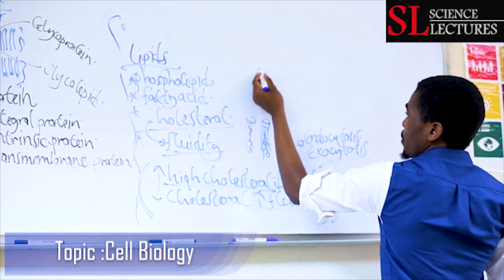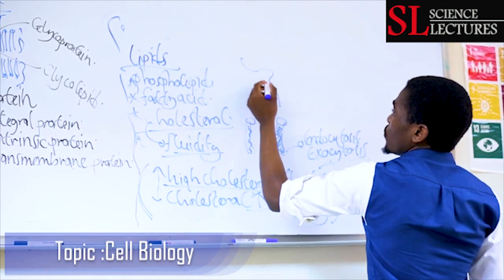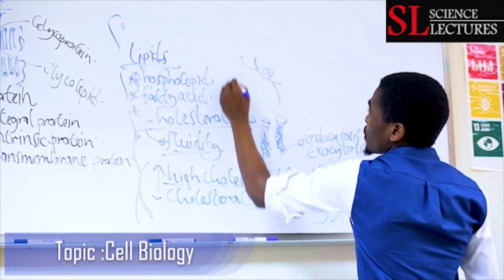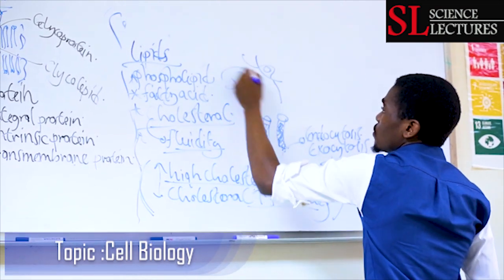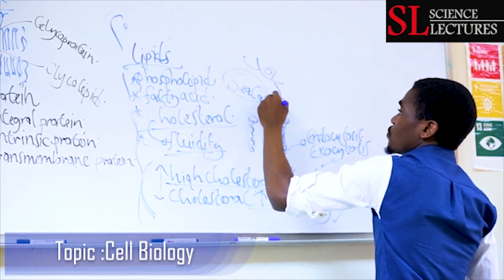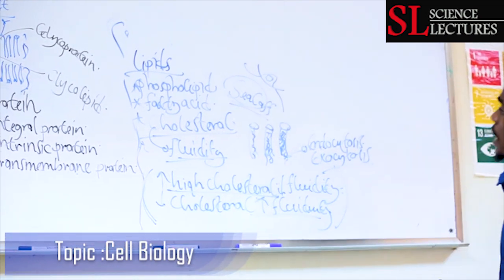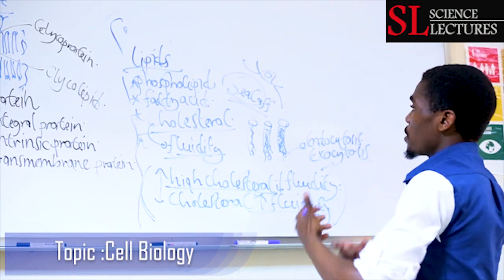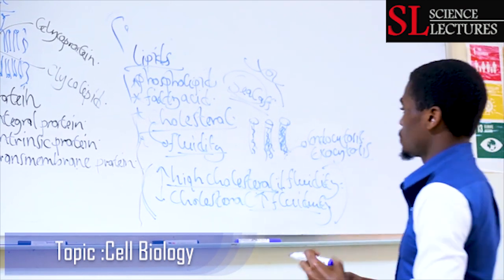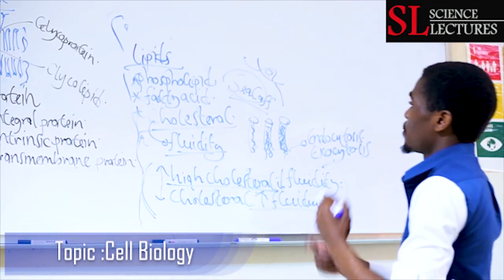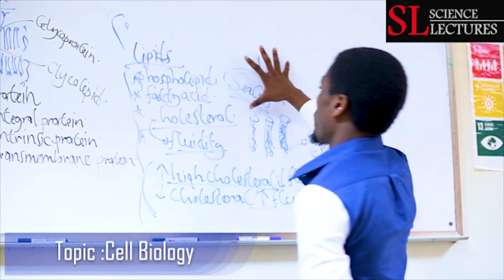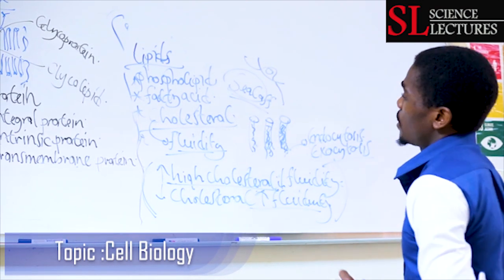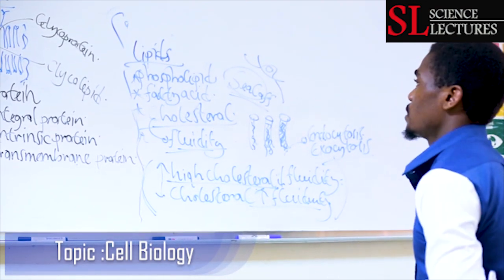If this is our cell membrane, it will form a vesicle that pinches off, but the membrane also has to self-seal, to seal off that gap that was created. In order for it to seal up the gap, we need the membrane to be fluid, such that it is not fixed, such that the lost membrane can be replaced. That is sealing off this membrane. So that is how important cholesterol is.